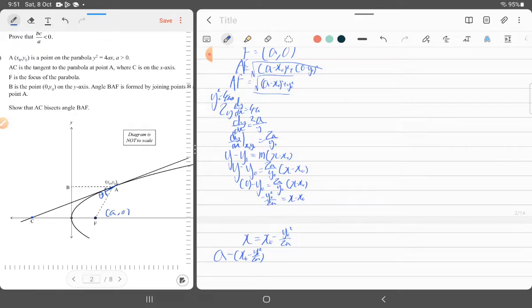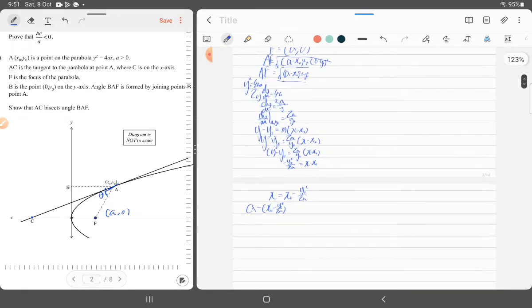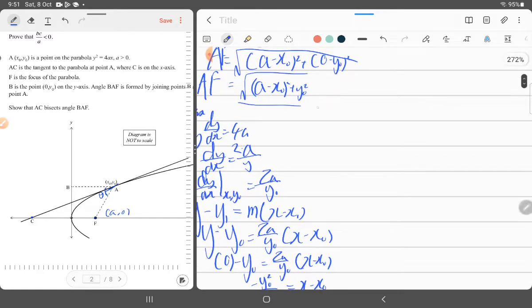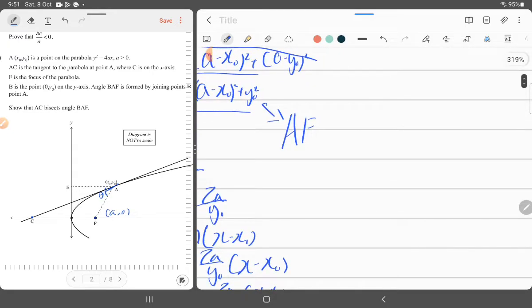Actually, I probably want to turn everything into functions of x. This is getting a bit confusing. If so, y0 squared is equal to 4ax.